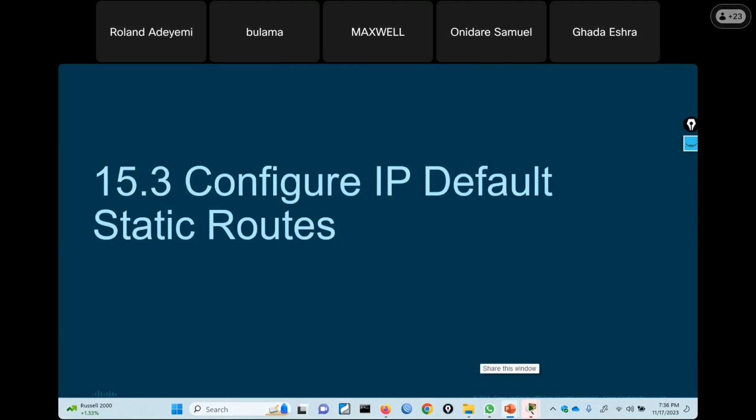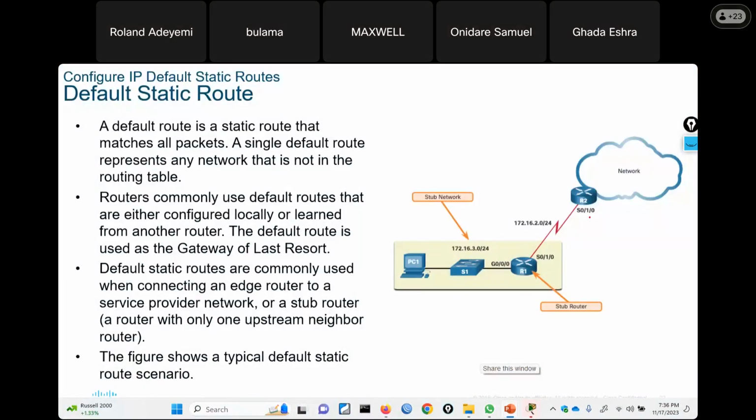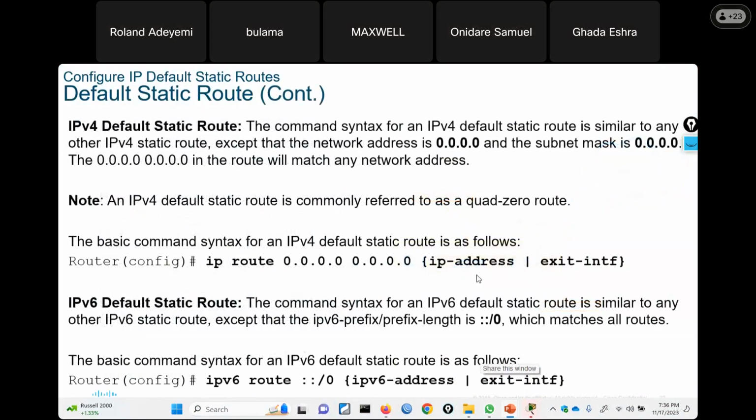What about your default static route? We've done that also. That must be done on any router that is connected to the internet. It's also referred to as a stub router because it does not need to know about all the networks on the internet. And look at the configuration: ip route, the network, subnet mask, the IP address or the exit interface. And the same thing for IPv6.